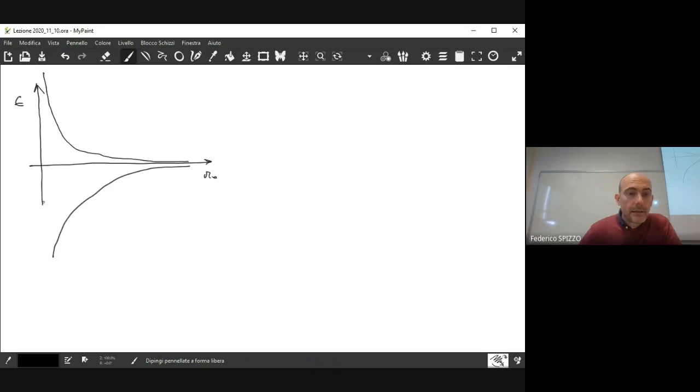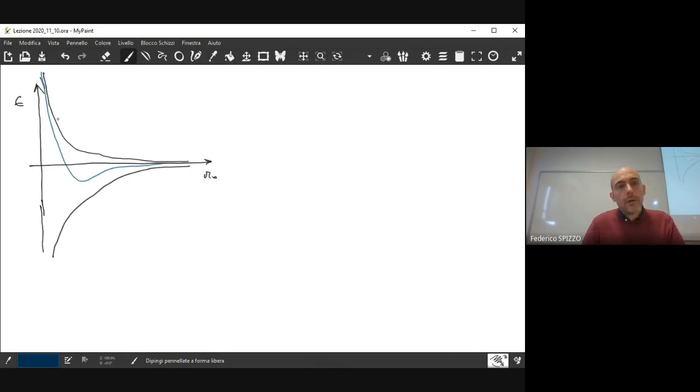Due to the fact that when we are close to zero, the term that is larger is the kinetic one. The final dependence will start from here, so from positive values, then the dependence comes down, goes to negative values, and then we approach zero.